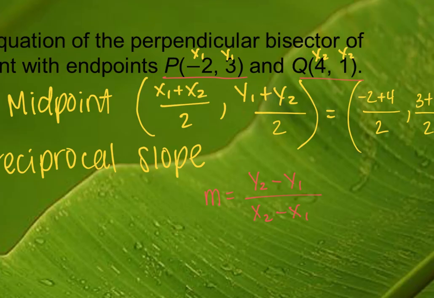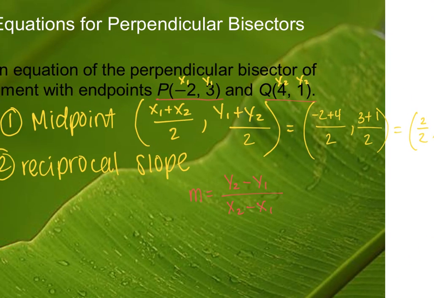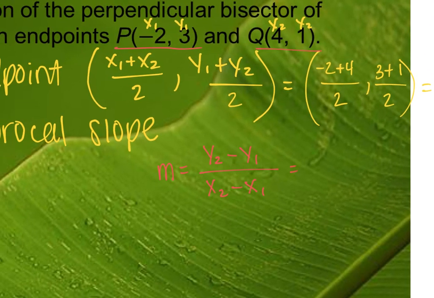Once we find the slope, we can find the opposite reciprocal of that slope, and then we know the slope and the point, okay? So, y2 is 1 minus 3 over x2 is 4 minus -2.